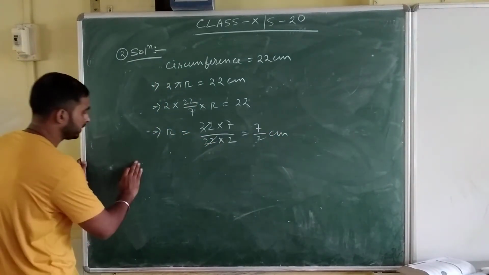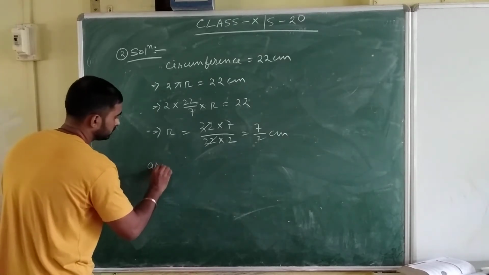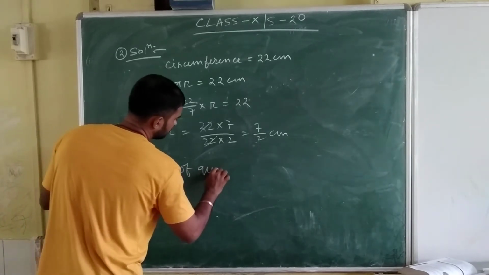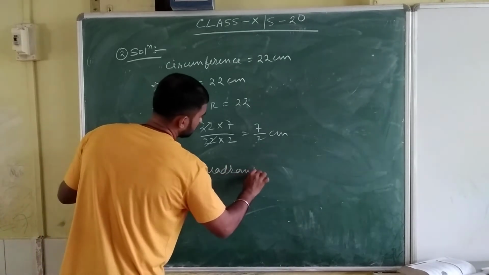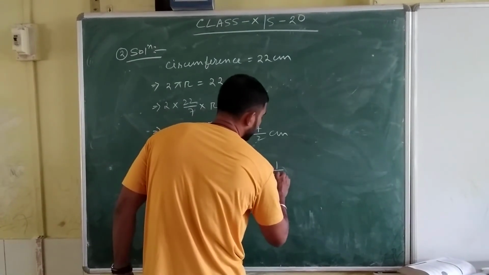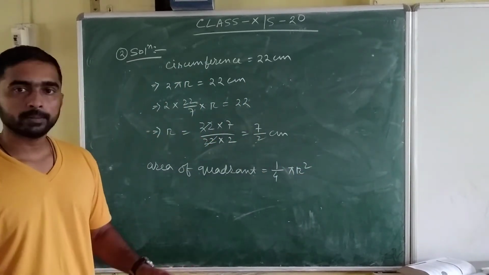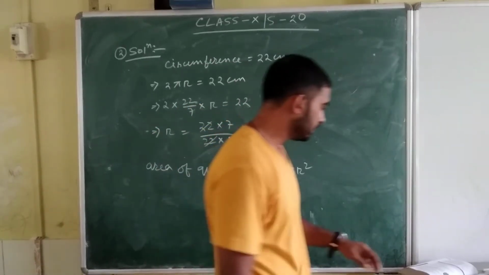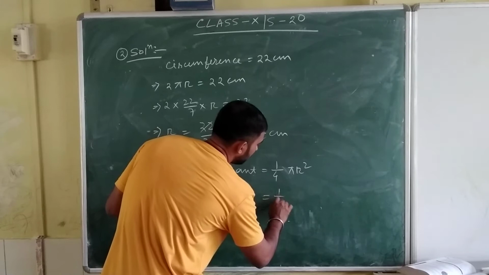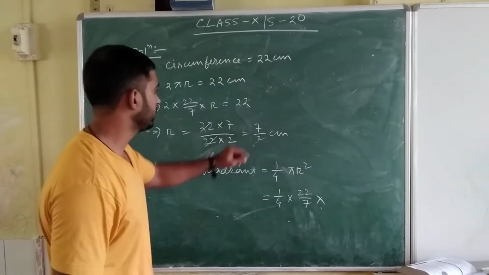Now area of quadrant. Quadrant area formula is 1/4 the area of circle. And here again pi equal to 22 by 7. So 1/4 into pi into r square, r equal to 7 by 2.